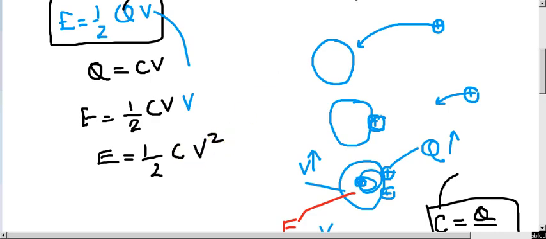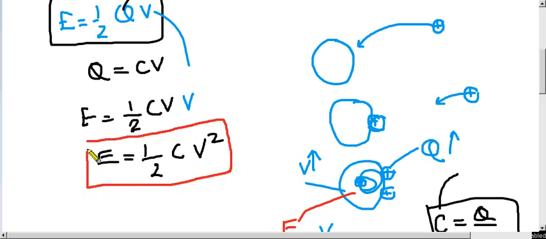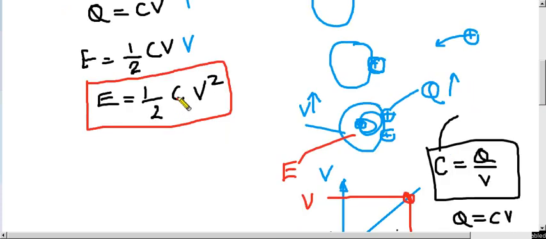This is the equation we are going to use, because C is there, V is there. C we can guess, V we can guess. We don't know about Q, that is why.